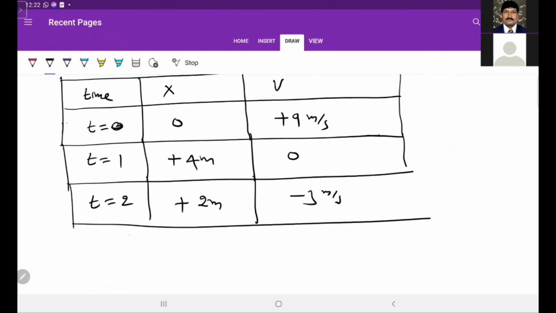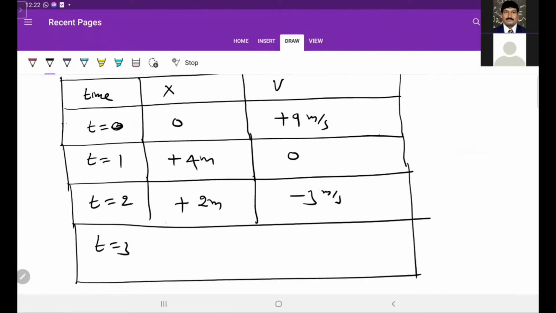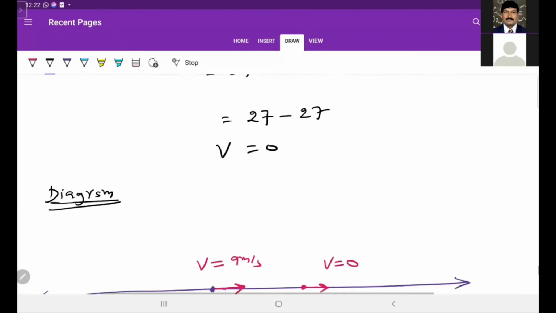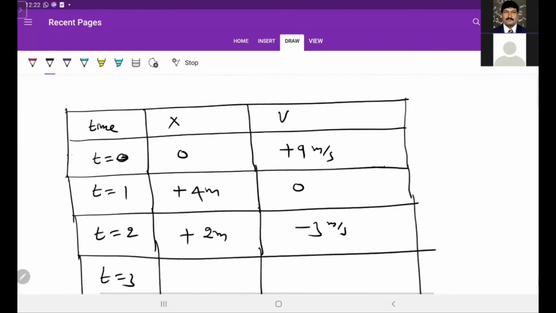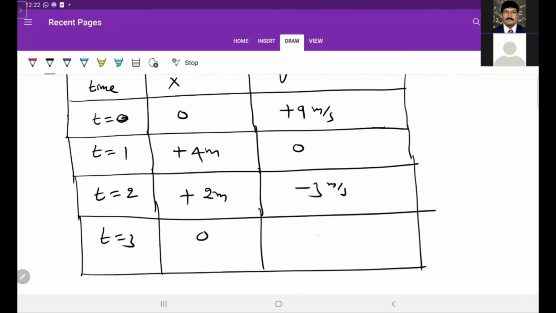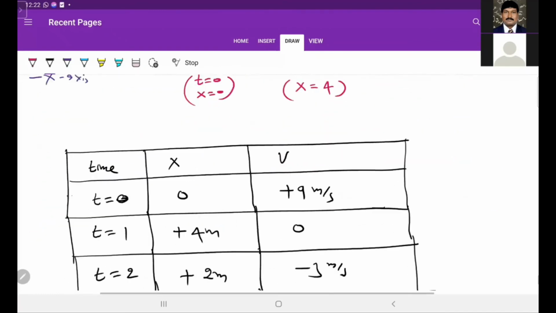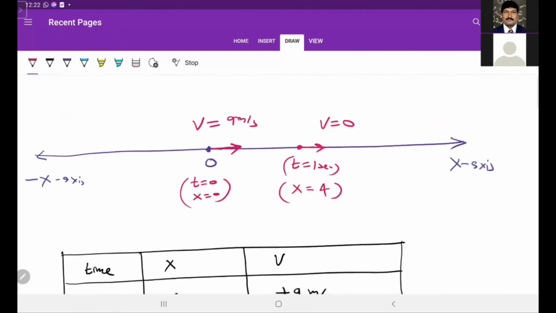And finally, at t is equal to 3, x is how much? X is 0. Velocity is 0. See, that means after time 2 seconds, the particle is now returning back.